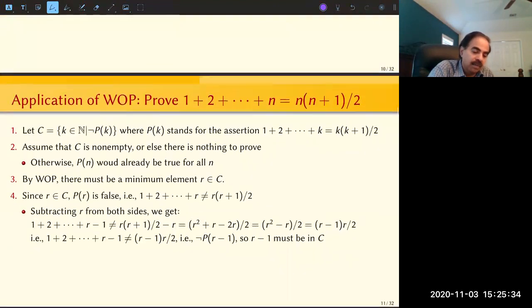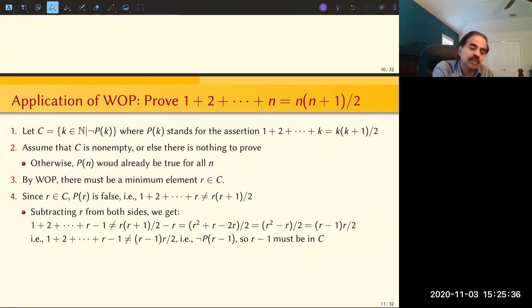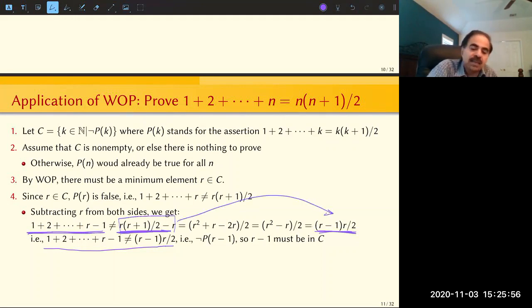And so in other words, this quantity up to R minus 1 is not equal to this quantity, because we started with this not equal to this, and we showed that this is nothing but that quantity, and therefore we can replace this quantity with this quantity in the original inequality.